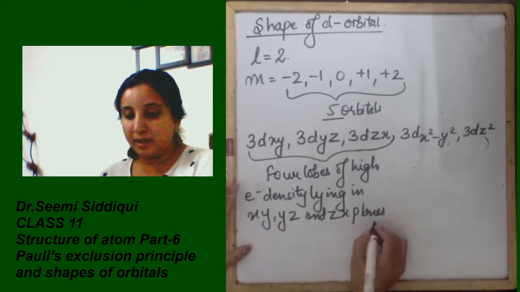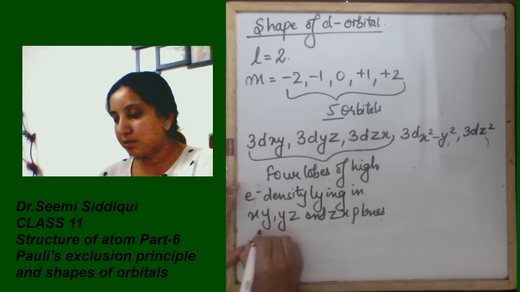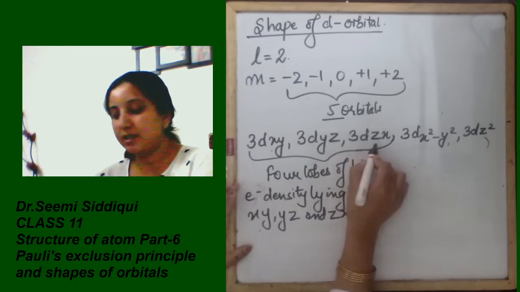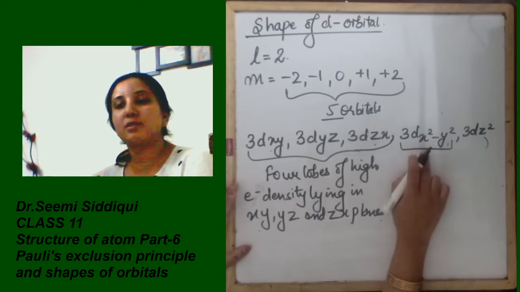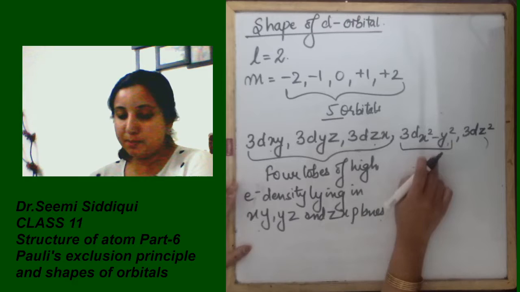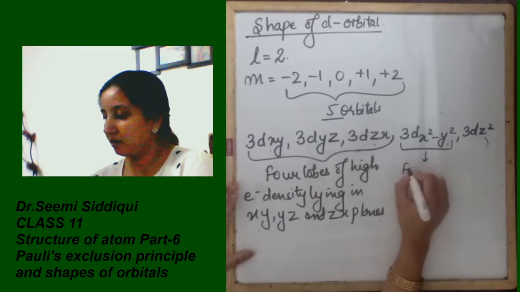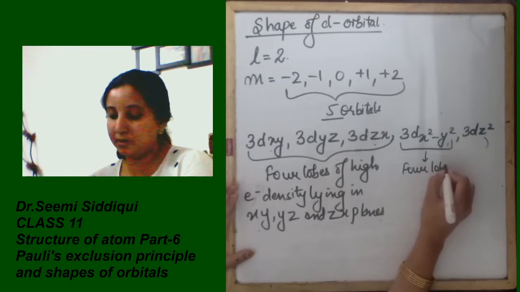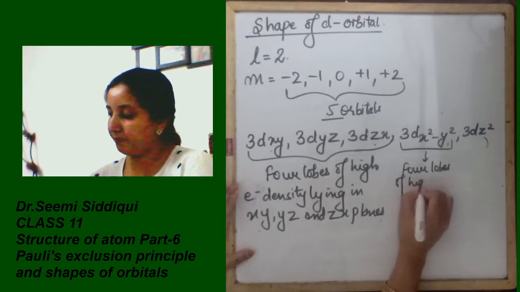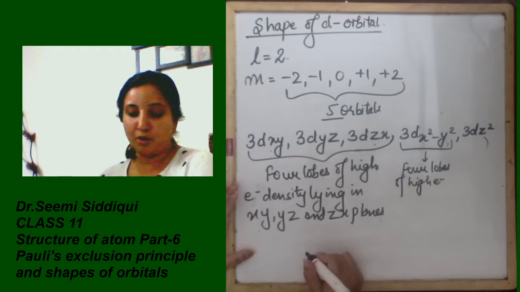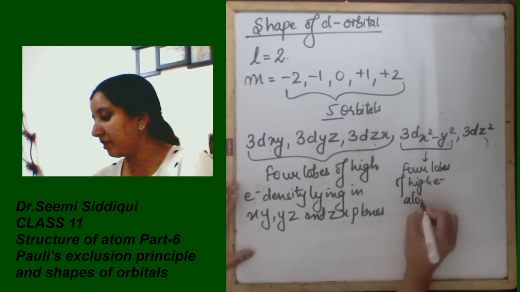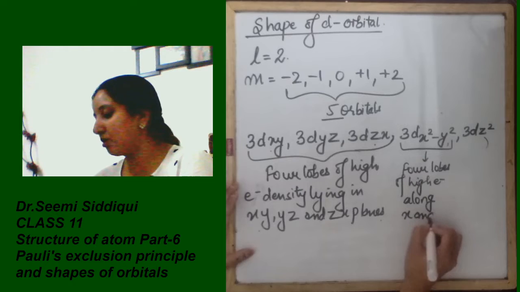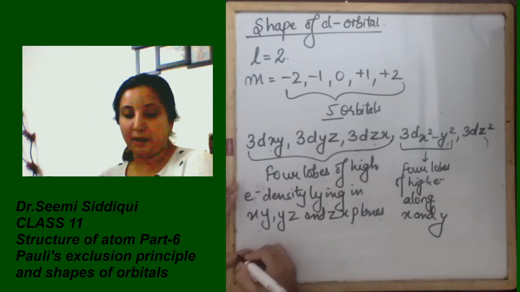This is about dxy, dyz, dzx. When we talk about the 3dx square minus y square, it is going to have again 4 lobes of high electron density along the principal axes of x and y.